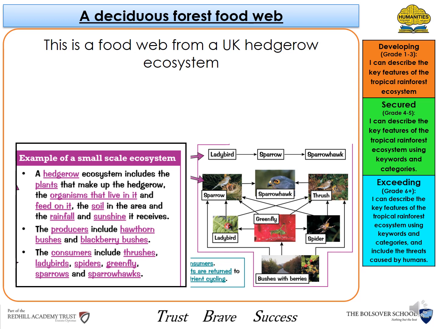The greenfly eats the berries, the ladybird eats the greenfly, the spider eats the greenfly, and then the birds around these things eat these insects as well. At the top of this food web you've got the sparrowhawk, which will eat the sparrow and the thrush. Notice the sparrowhawk doesn't eat any of the producers in the first place. It eats other consumers, like the fox eating the rabbit on the other slide.